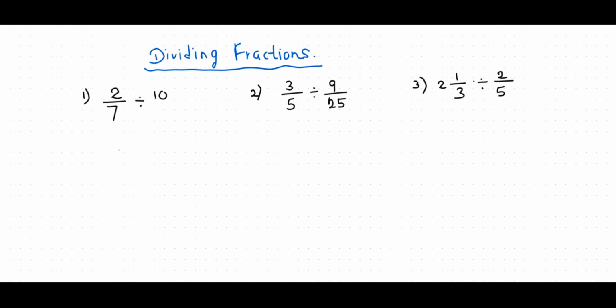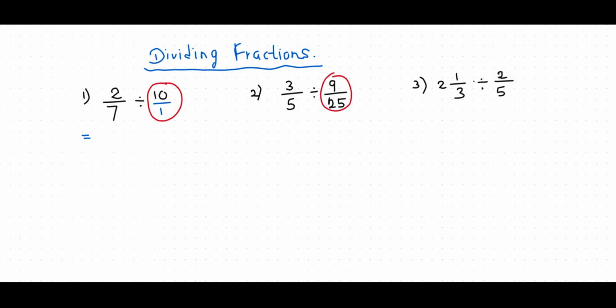Dividing fractions is also a kind of multiplication. First step is to turn the second fraction upside down. Write the reciprocal of the second number. First one as it is.